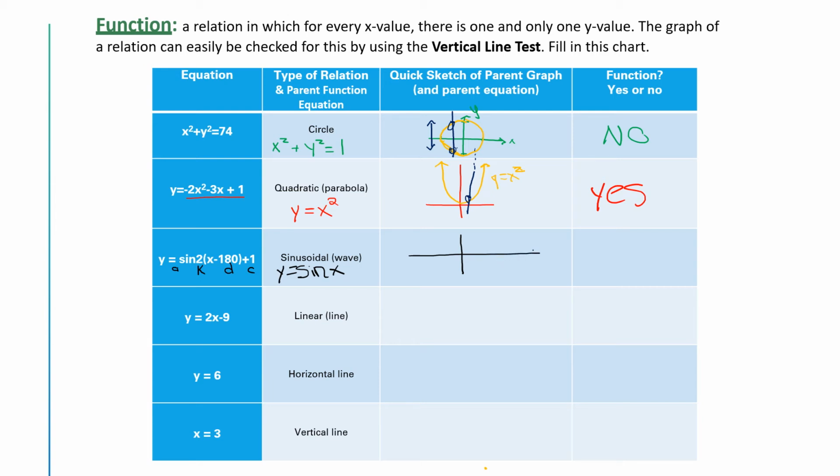So remember, the parent function has a period of 360 degrees. There's 180. And it has a maximum of 1 and a minimum of -1. So when I graph this one, I know that the sine wave on the y-axis starts at the origin. That's really important to remember.